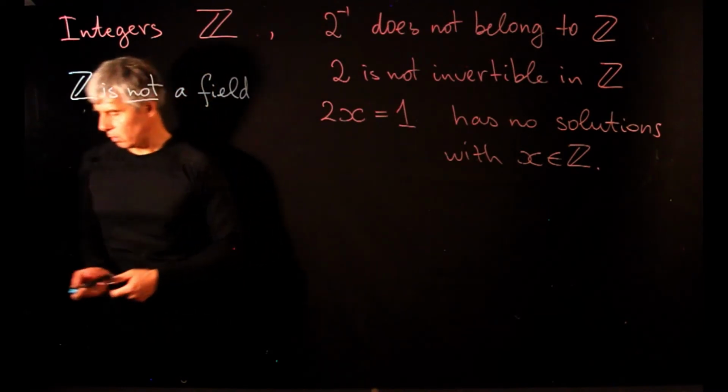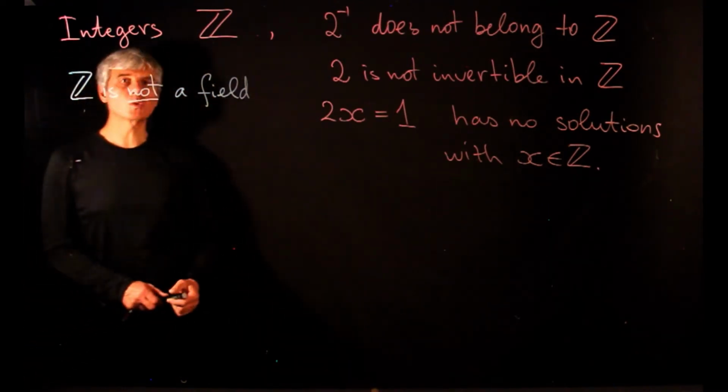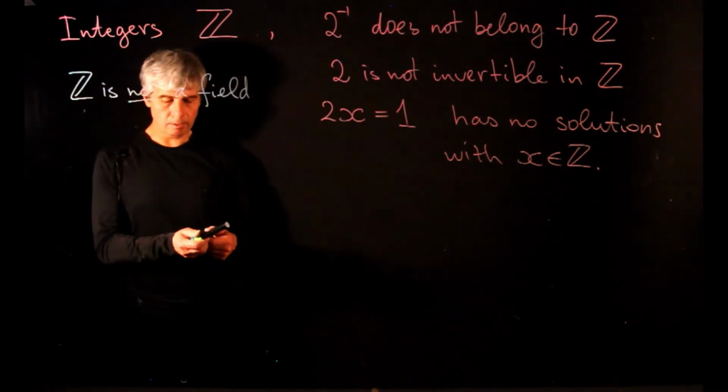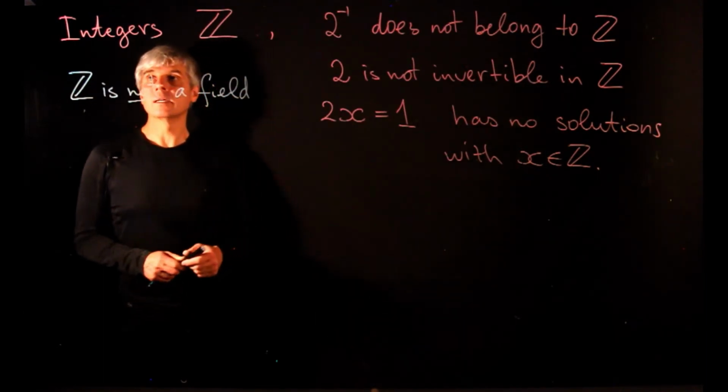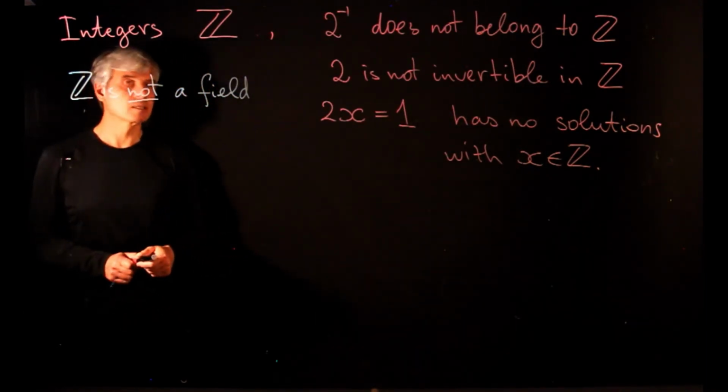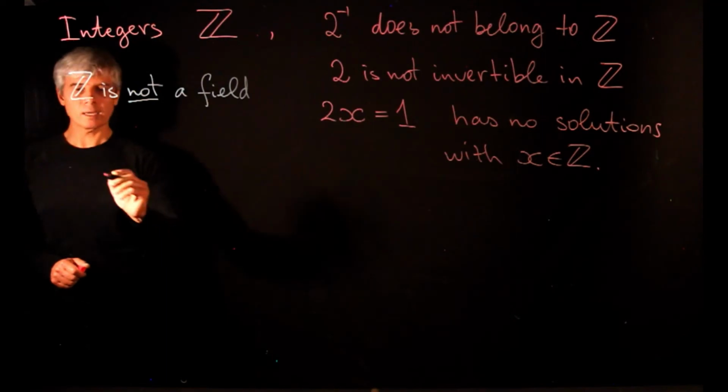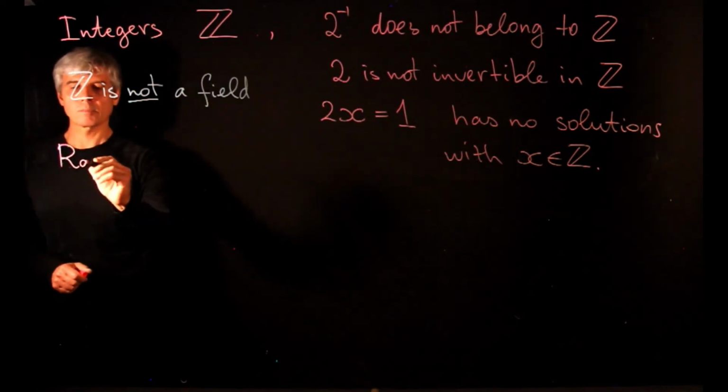All right, so now what can we do to create a field related to Z? Well, we can take a larger set. So we can take rational numbers.